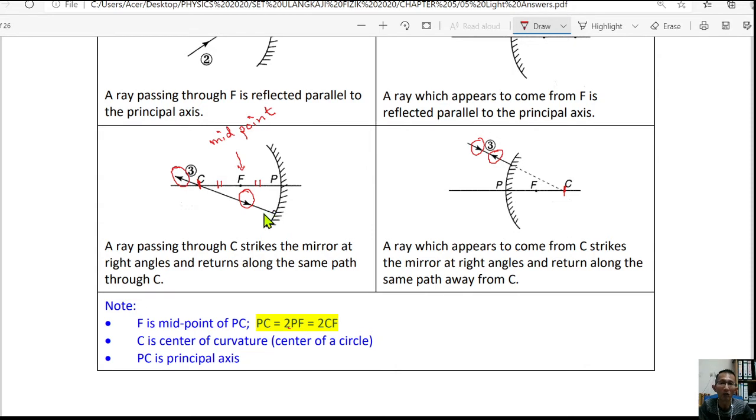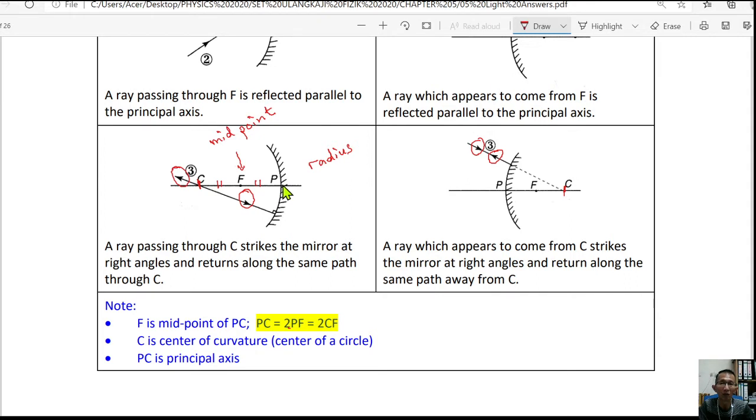So if we use our mathematical term, this CP is actually what we call the radius. In mathematics we call it radius, but in physics we call this distance C to P the center of curvature, whereby this point P here we call the pole of the mirror.